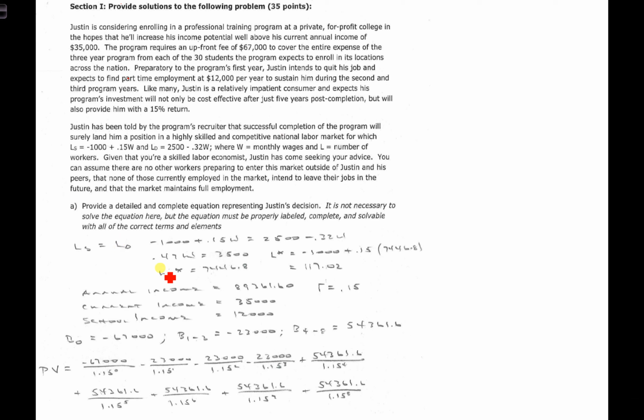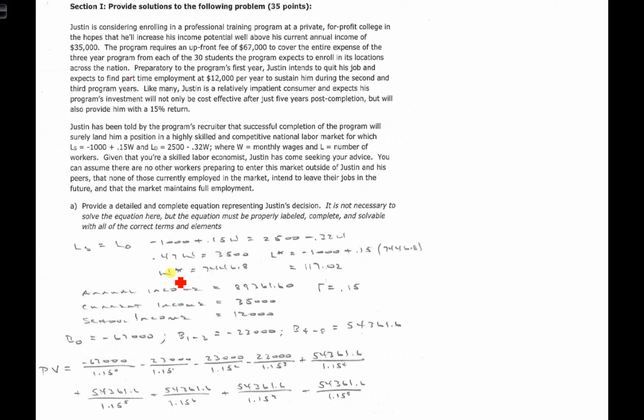That's going to yield for us a W star of 7,446.8 and an L star of 117.02, which is 117 workers essentially. Recall that in this story that W star is our variable value, but I've indicated that W is monthly wages.